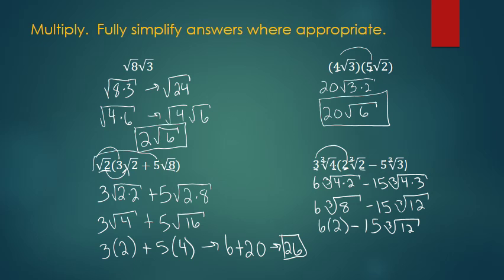Okay, my final step is to go ahead and multiply the 6 times the 2, which is 12, minus 15 cube root 12. Now, because my first term does not have a cube root 12 connected to it, these are not like terms, so I cannot combine them. So 12 minus 15 cube root 12 is my final answer.